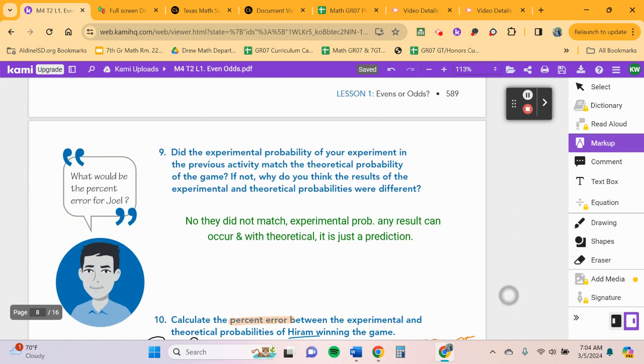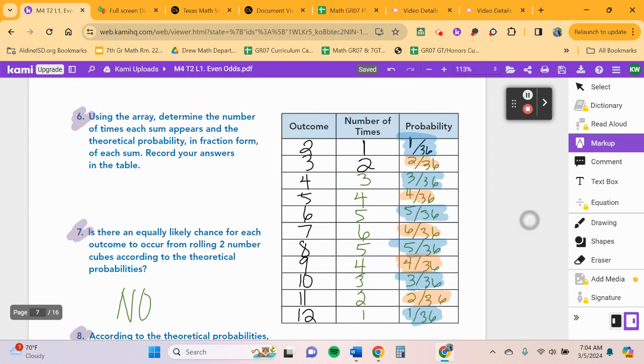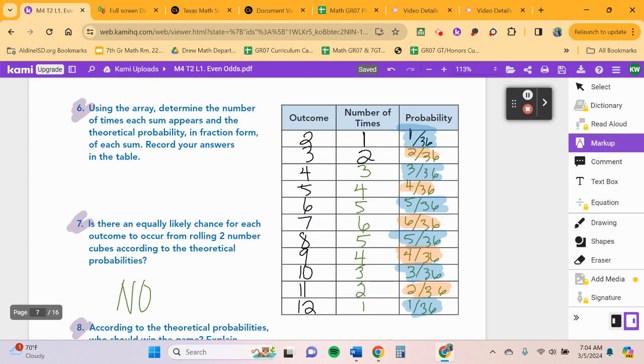So prime numbers, we've got a prime number is 2, with 1 out of 36 as a probability. Another prime number is 3. Another prime number is 5. Another prime is 7. Another prime number would be, not 9, not 10, 11, and not 12. So now let's add those probabilities.